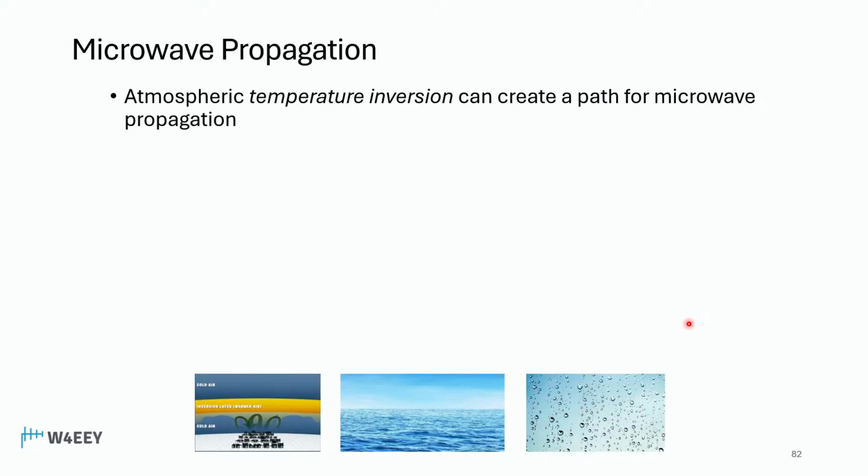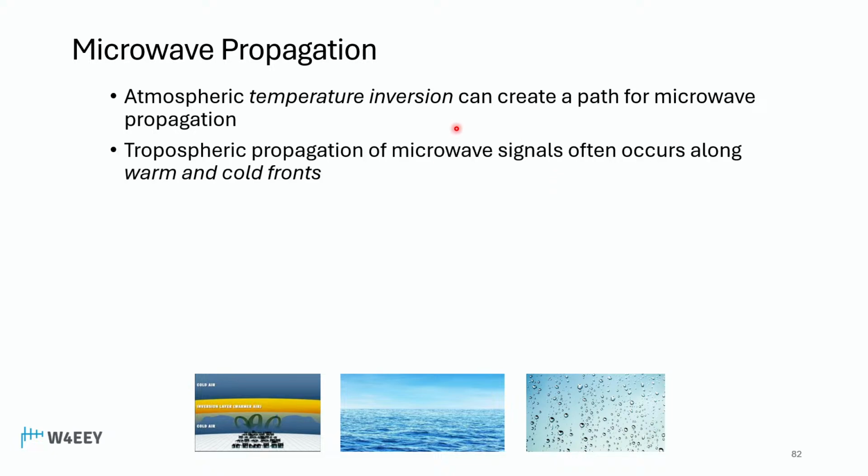So there are several different kinds of really freaky propagation that can happen at microwave. Atmospheric temperature inversion, we already talked about. That can also create a path for microwave. It often occurs along warm and cold fronts.